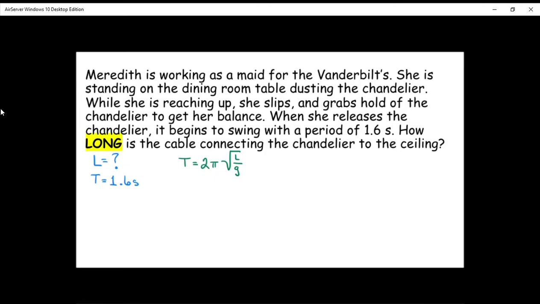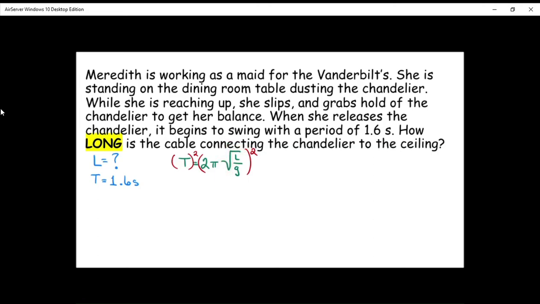We need to isolate length. The first step in doing this is to take both sides and square everything so we can get rid of the square root sign.